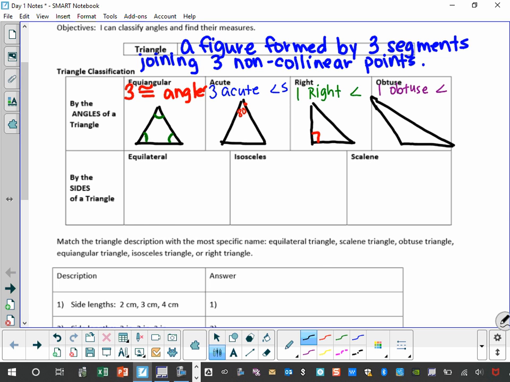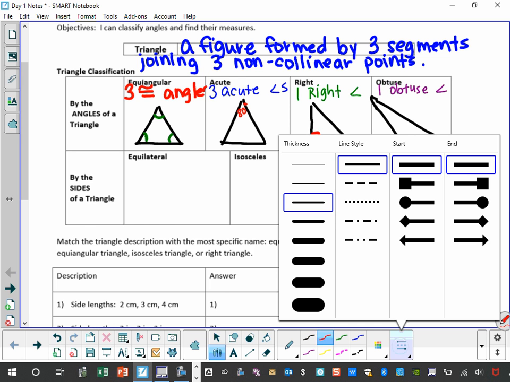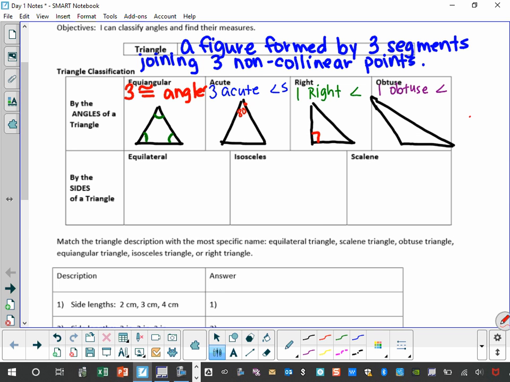For an obtuse triangle, that angle has to be more than what? More than 90. You can name it whatever you want. I'm going to write 120. If you have at least 1 obtuse angle, then it is an obtuse triangle.